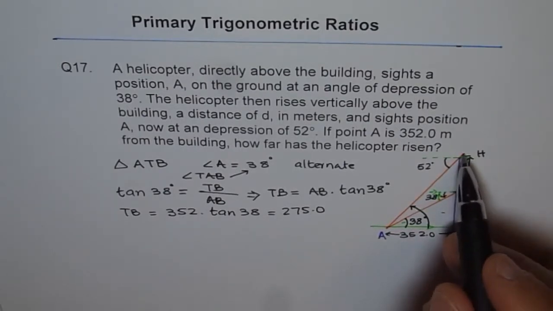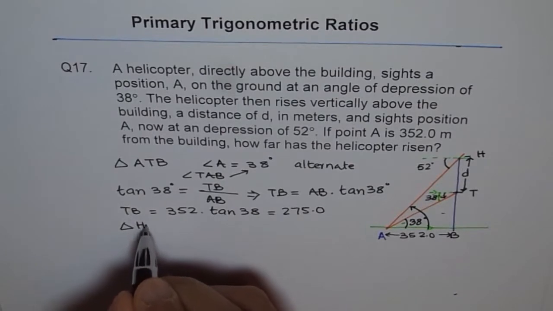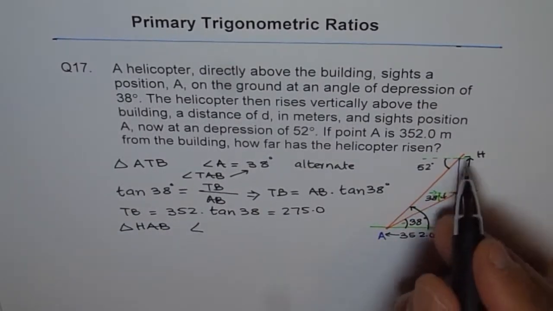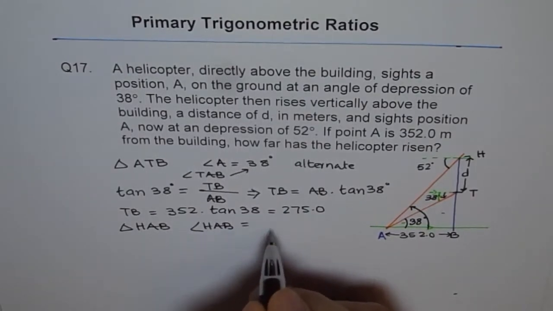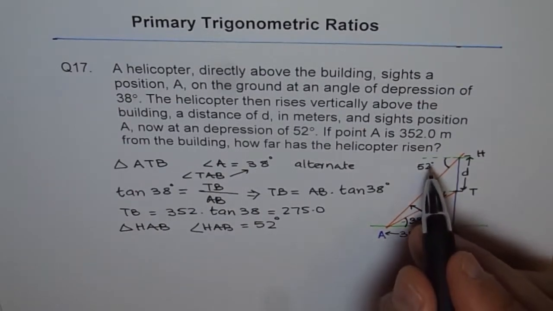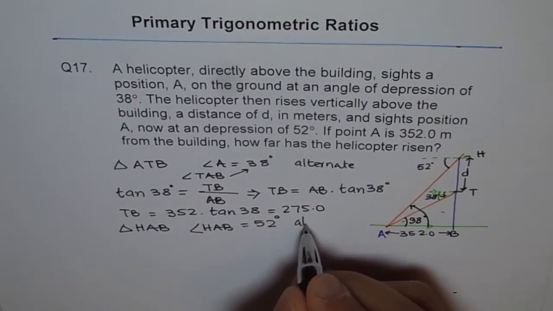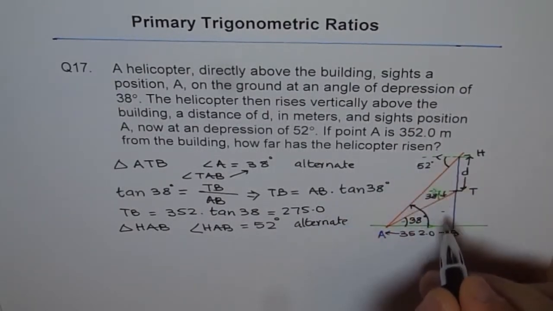Now let's consider the big triangle, triangle HAB. In this triangle, angle HAB is equal to 52 degrees, since it is the alternate angle of the given angle of depression, between these two horizontal parallel lines.